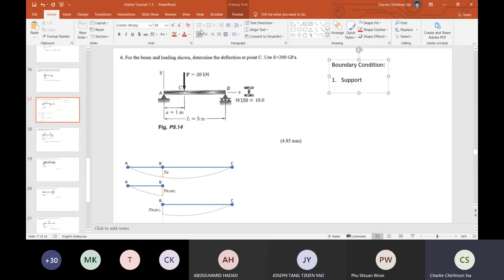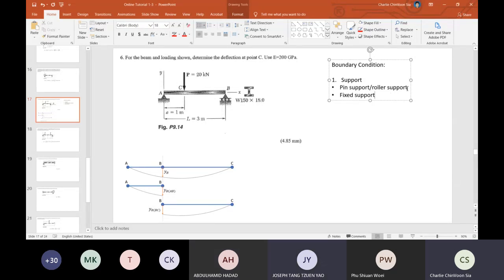We have 2 types of support. Simple support, pin support or roller support, which is considered as 1, and then the second is the fixed support. Are you guys okay with these 2 supports? Yes. Okay, so pin support and roller support.